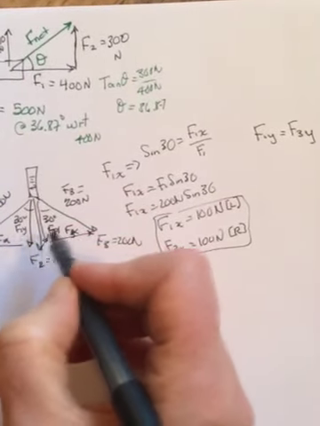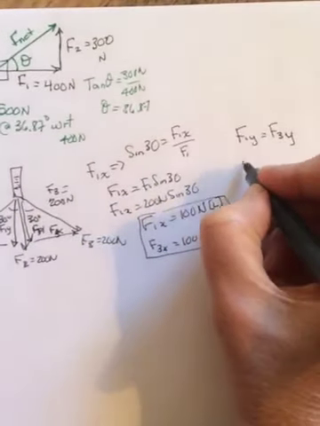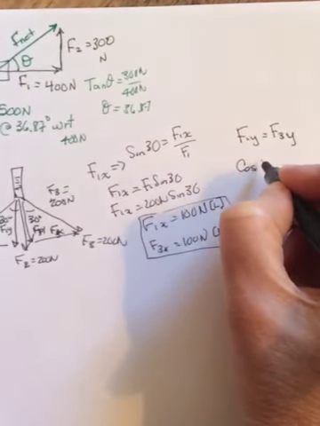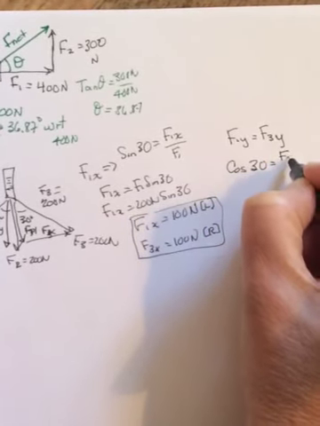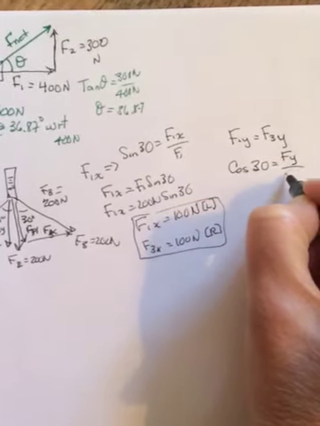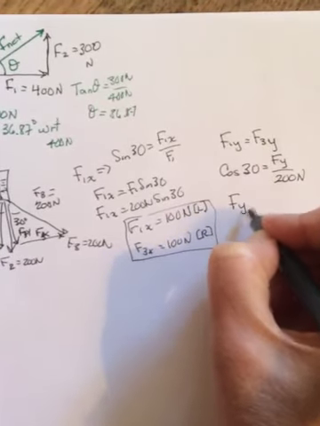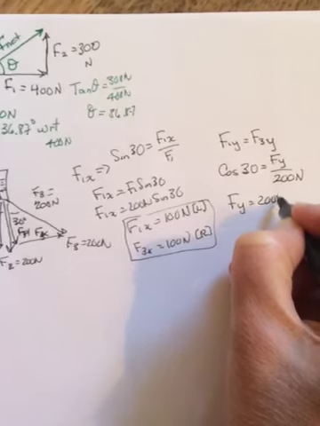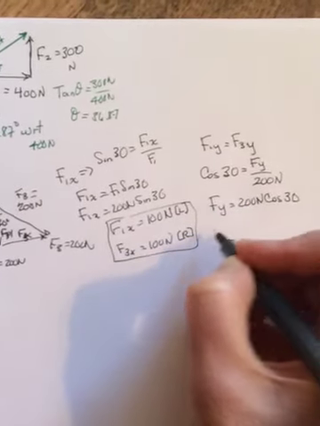So first let's find the value for F1y and F3y. They're the adjacent side of the right angle triangle, so you have to use cosine. So cos of 30 will equal Fy over the hypotenuse, which is 200 newtons. So Fy will equal 200 newtons times cos of 30. I just left off the 1 and the 3 because it's both of them.